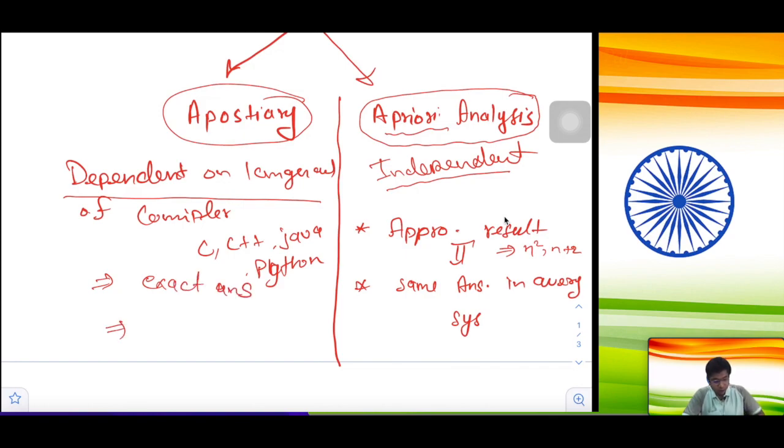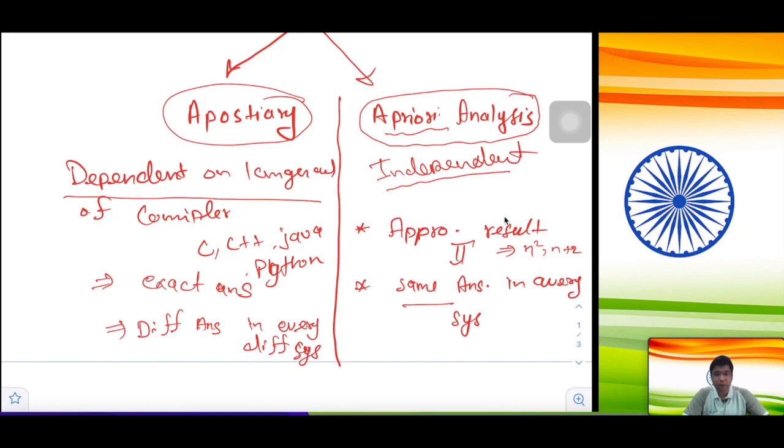As for the same answer, posteriori gives a different answer on every different system, because some systems have a P4, some a P6, some an i3, i7 or i9. These CPUs are faster than each other.